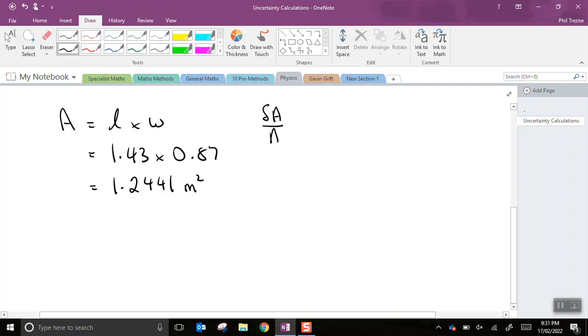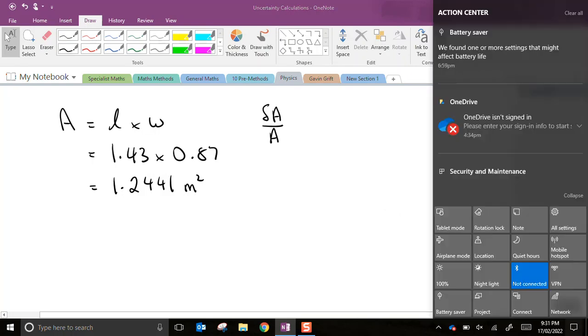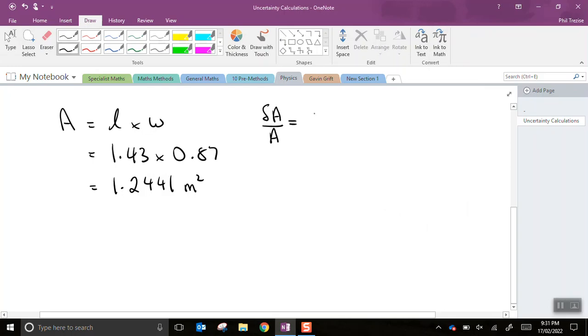Now for this one, we need to use the relative uncertainty. So it's the absolute uncertainty divided by the quantity itself. Now for this, we'll need the relative uncertainty in length plus the relative uncertainty in the width.